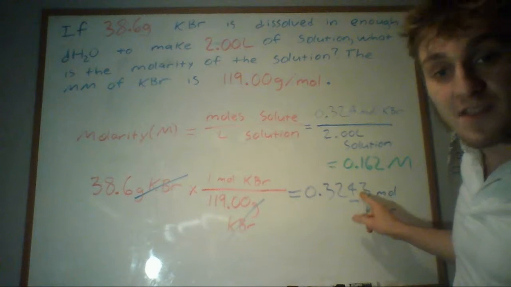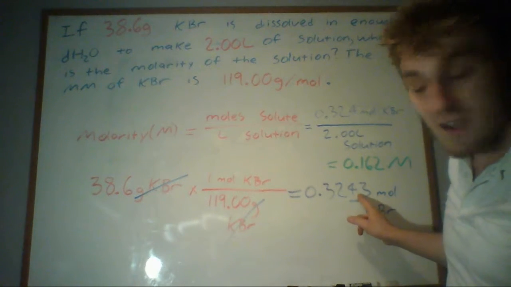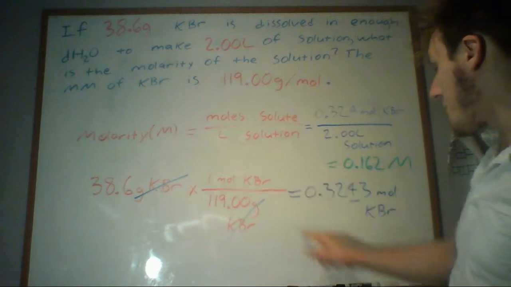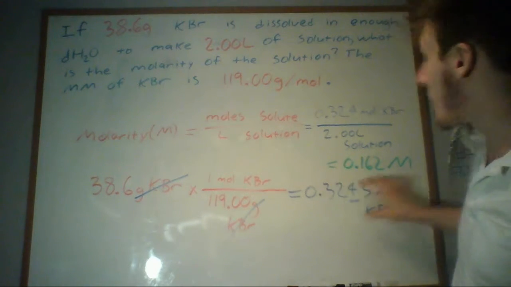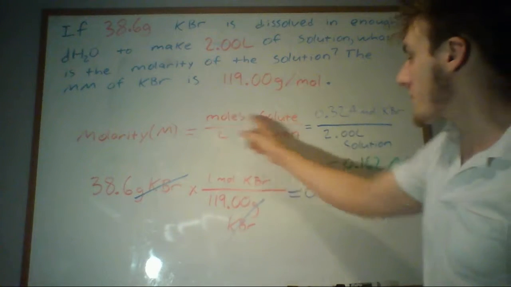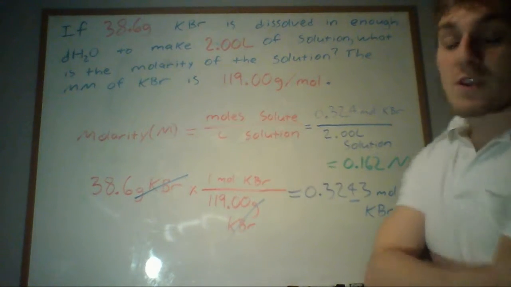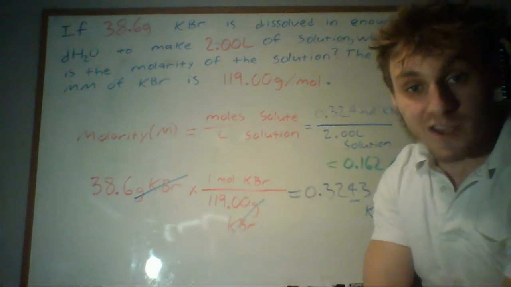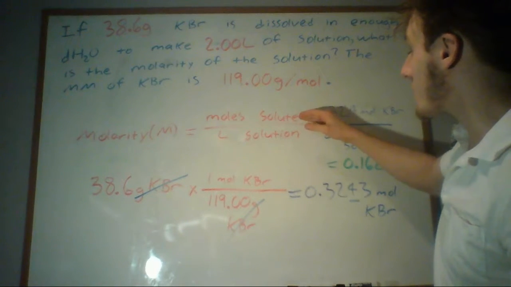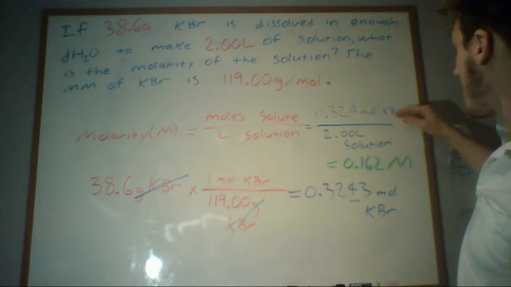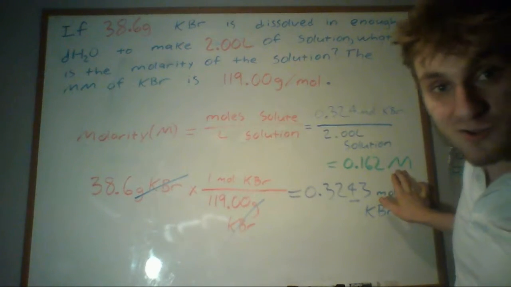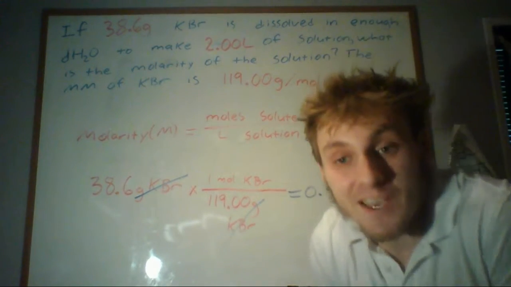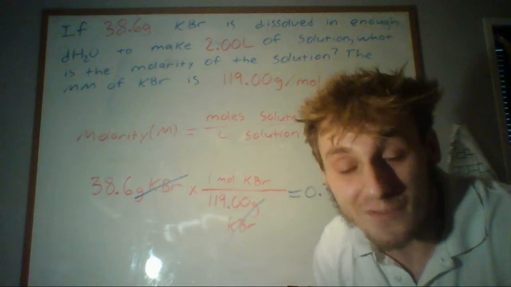So I underlined the third sig fig here for the moles of potassium bromide. Then we could plug in the moles of potassium bromide up here, the moles of our solute, and we could figure out the molarity, right? Moles of solute divided by liters of solution gives us the molarity of this solution. There you have it, folks. That's how you can determine the molarity of a solution.